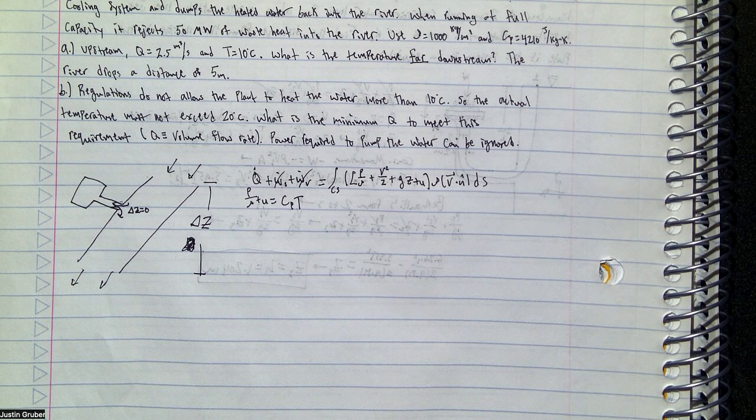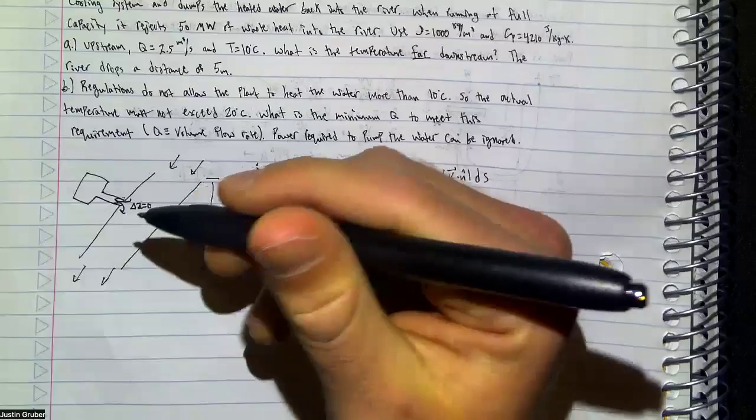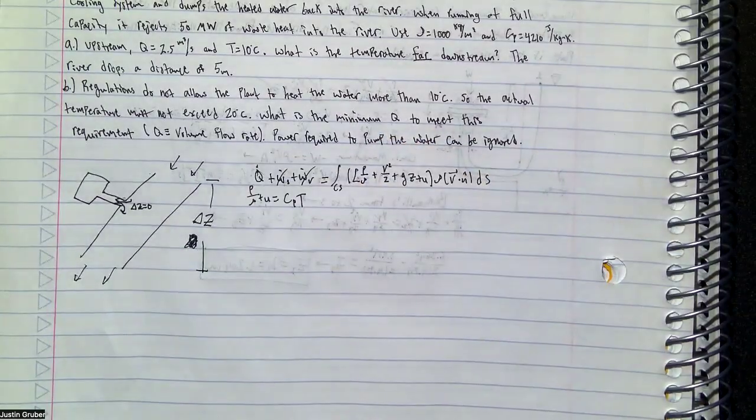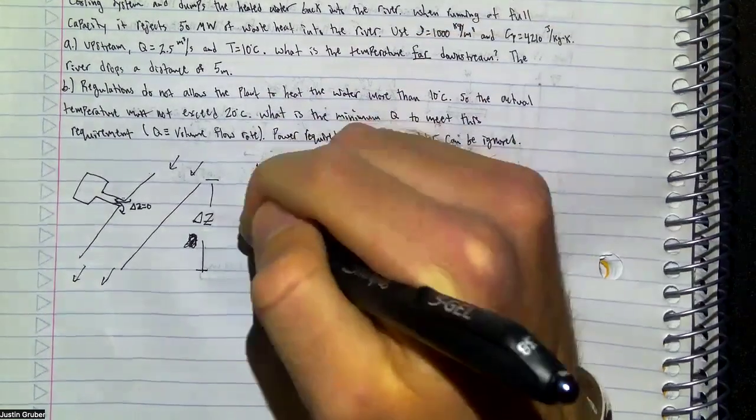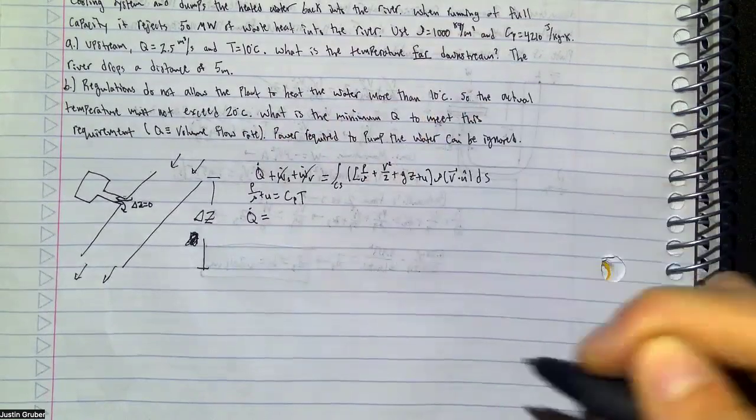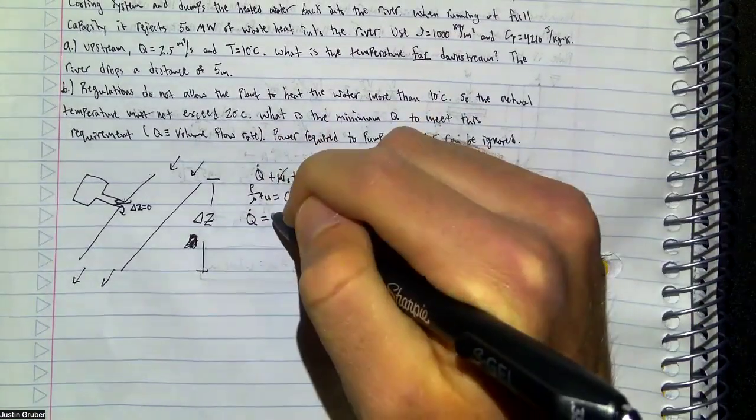After making all the assumptions we want to make, steady inlet, steady outlet, inviscid, all that stuff, we can simplify this down into Q dot equals, all right, what's leaving, that's the positive term.